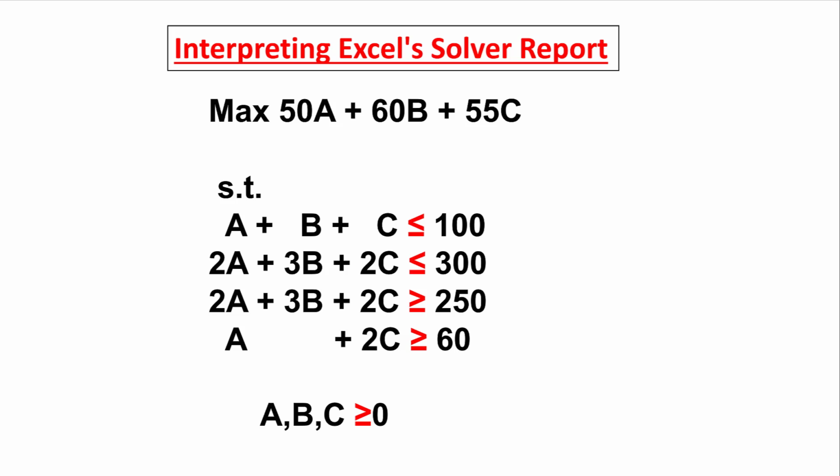We can see the first thing, the objective function: maximize 50A + 60B + 55C, subject to the first constraint A + B + C less than or equal to 100, the second constraint 2A + 3B + 2C less than or equal to 300, the third constraint 2A + 3B + 2C greater than or equal to 250, and the fourth constraint A + 2C greater than or equal to 60.